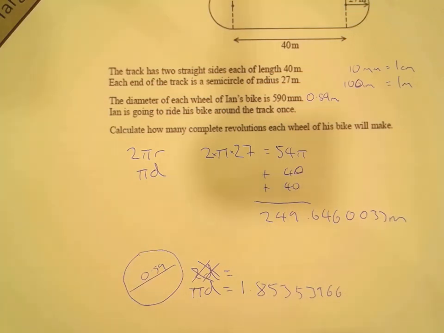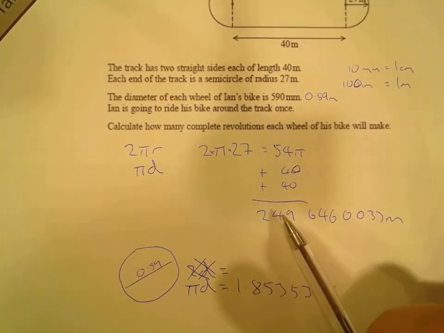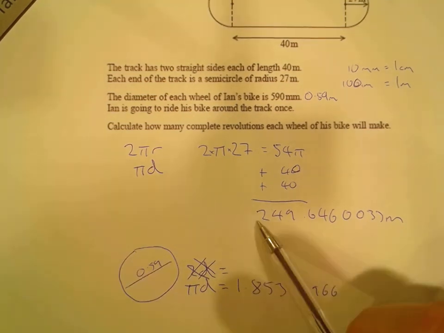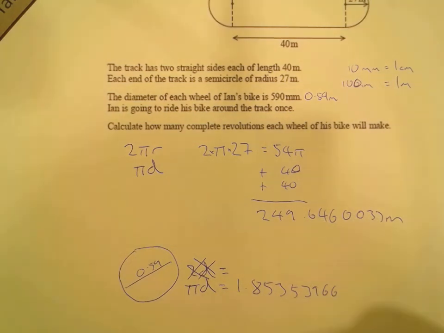Now I need to work out how many of these will go into this. So I need to do 249.6460033 divided by the 1.85 around his wheel, because that's the metres around his wheel.